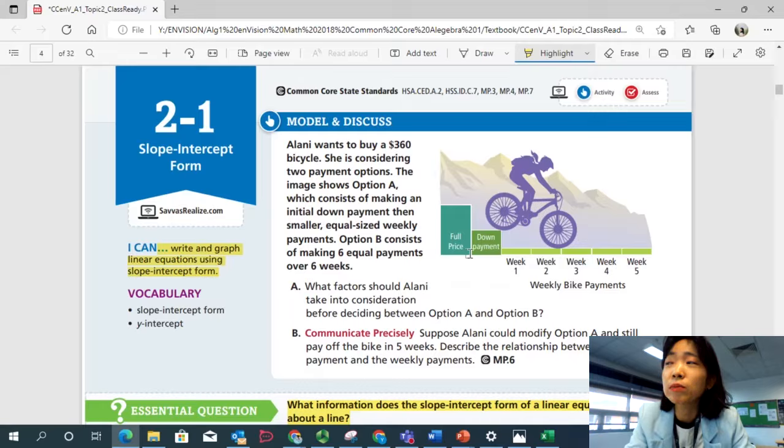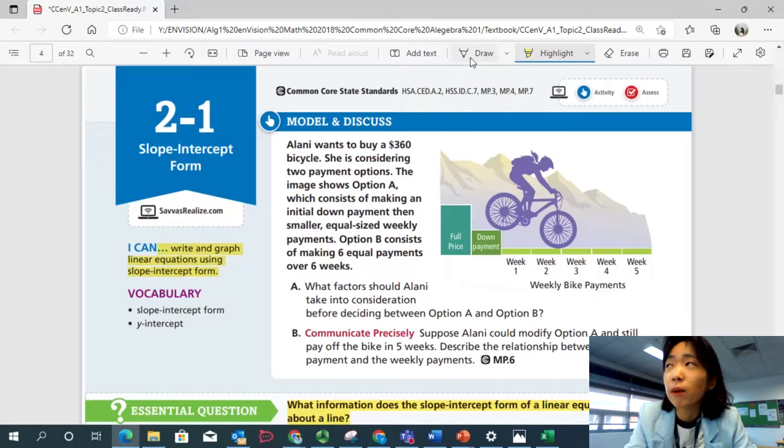So down payment would be you usually pay a lot more or a little bit more than what you would pay every week. But option B doesn't have the down payment. She's just going to divide it in 6 equal parts and pay it every week.